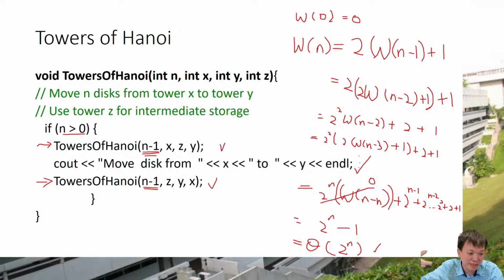Plus you have 2 recursive calls, so if you observe how this derivation works, you will end up with an exponential function, because every time you reduce only by 1 and then do 2 recursive calls.